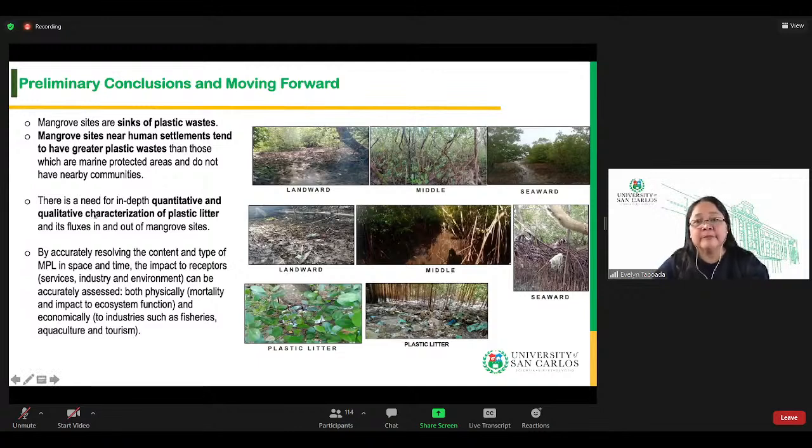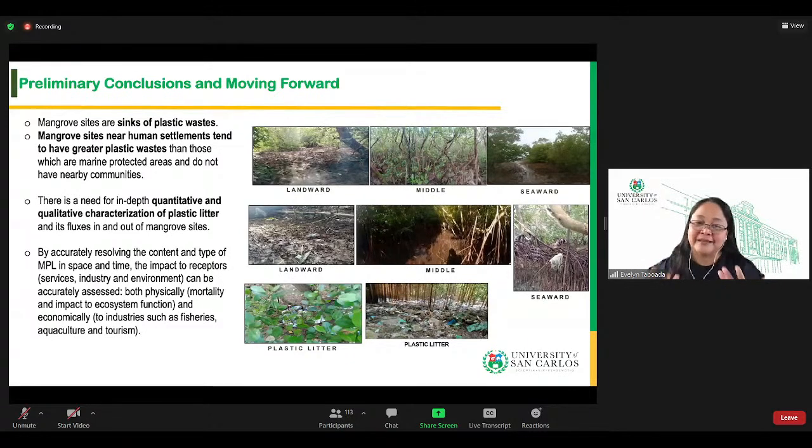And of course, for academia, for researchers like us, there is a need for in-depth quantitative and qualitative characterization of plastic litter. Why is this important? Because our government officials will not listen to us if we do not present scientific evidence.